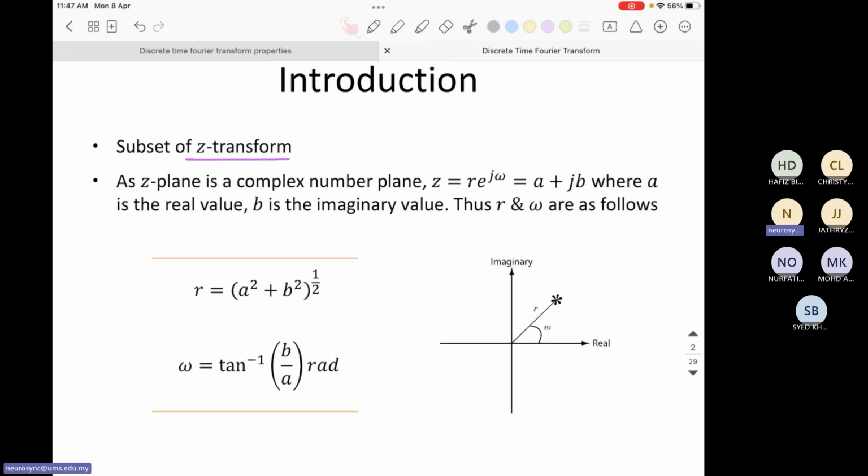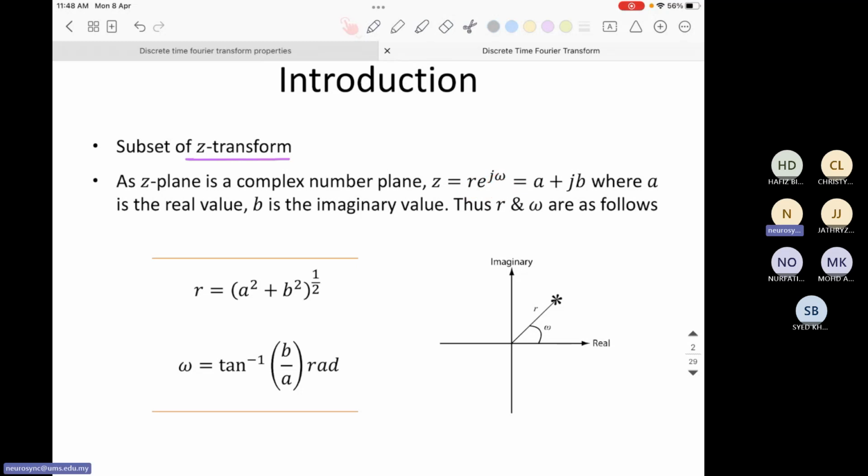Now this Z is how we represent this vector. It has the magnitude r and this angle omega. So the representation is r e to the power j omega.